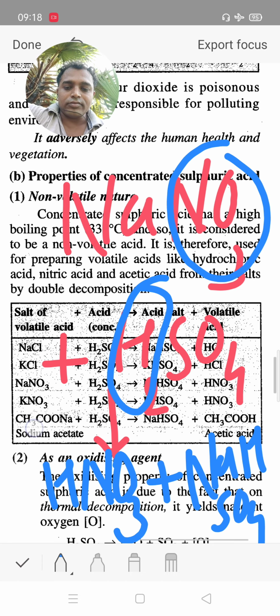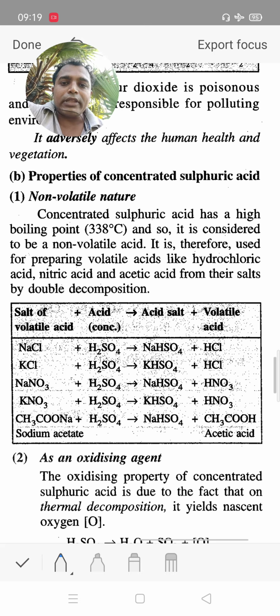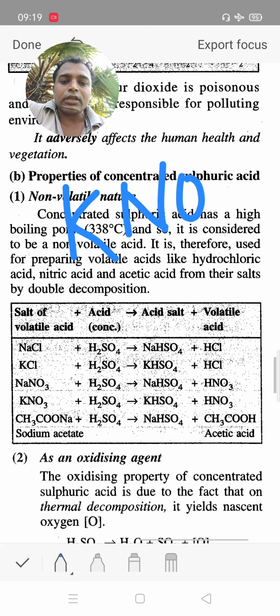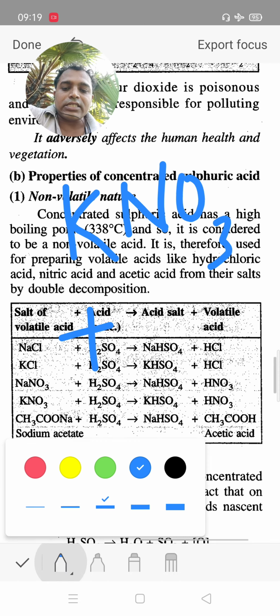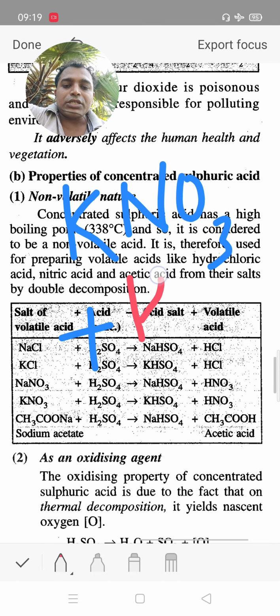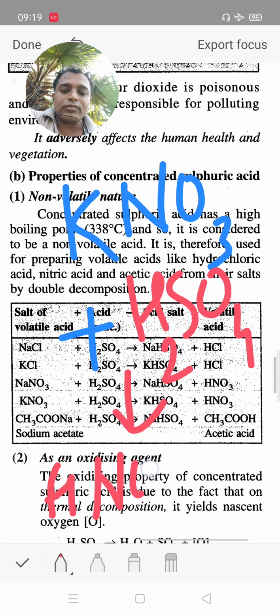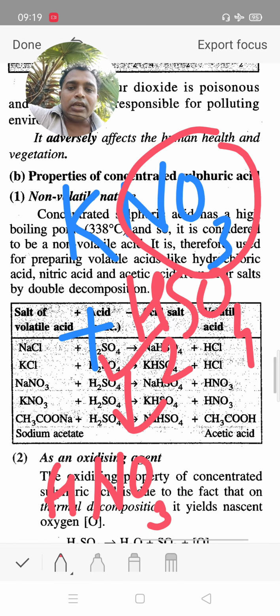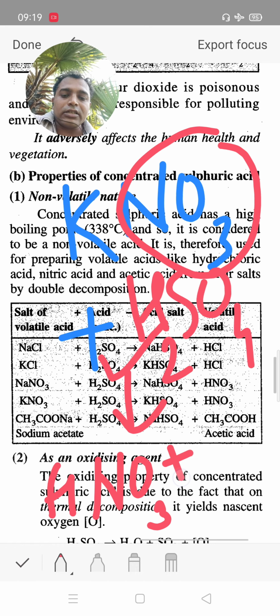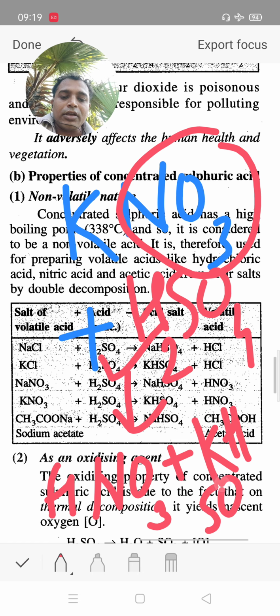hydrochloric acid. We also prepare nitric acid when potassium nitrate reacts with sulfuric acid. One H from sulfuric acid combines with NO3, giving nitric acid and the byproduct salt KHSO4, potassium hydrogen sulfate.